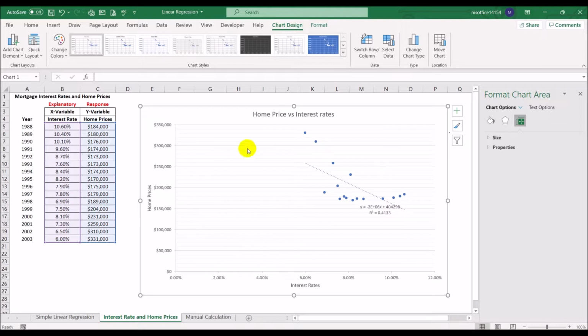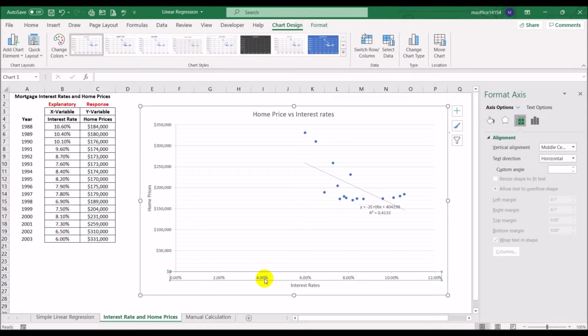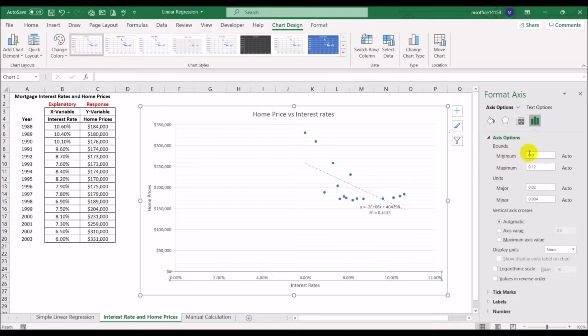Now you see there's a lot of blank space here. That's because the interest rate is starting from 0. The lowest interest rate is about 6%, so even if you were to start from 5%, we would be okay. If I double click on this axis and go to axis options, the minimum is 0.